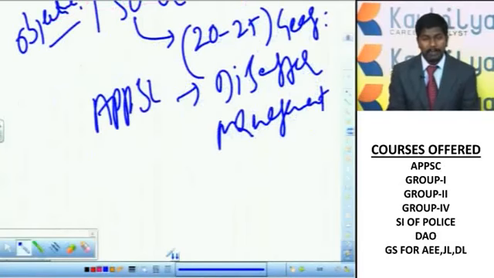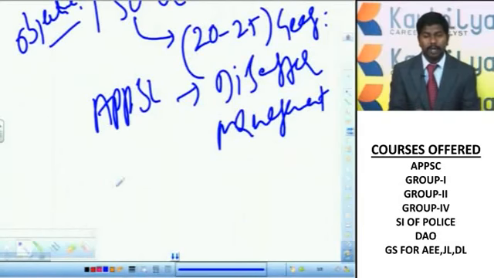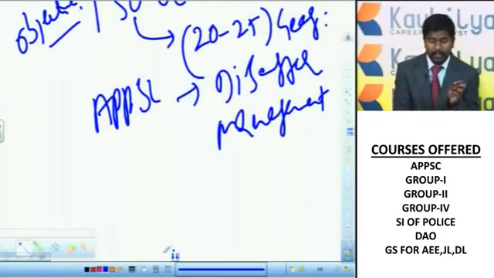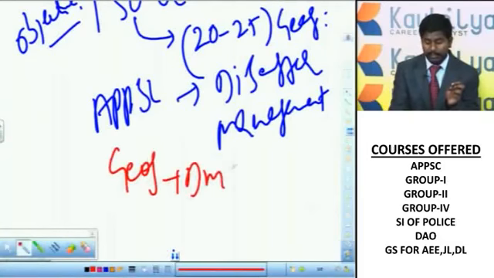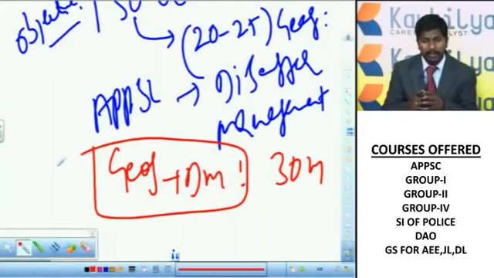Because disaster management is an interrelated subject to geography, those who have a command over geography can get good marks in disaster management. So today the combined weightage of geography and disaster management is up to 30 marks out of 150, right?